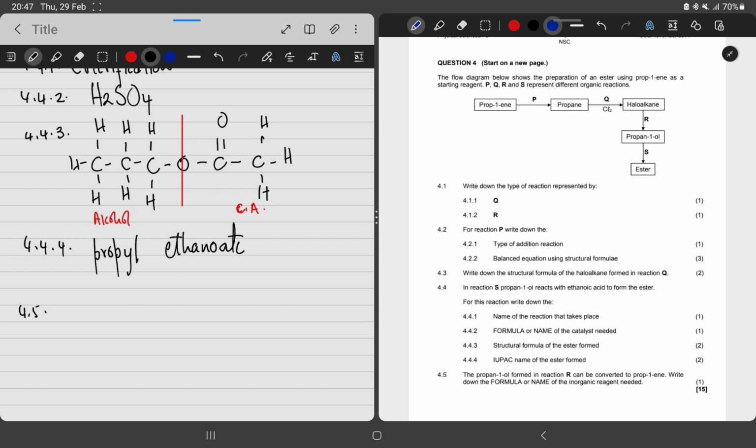Okay, that means that we need to remove the OH. Okay, let me just write it down. We have an OH there. And then we are moving from an alcohol into an alkene.